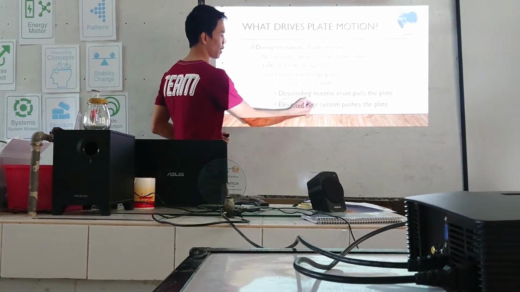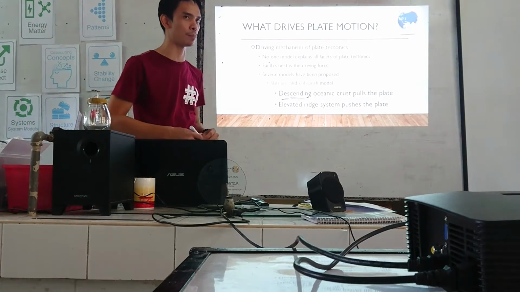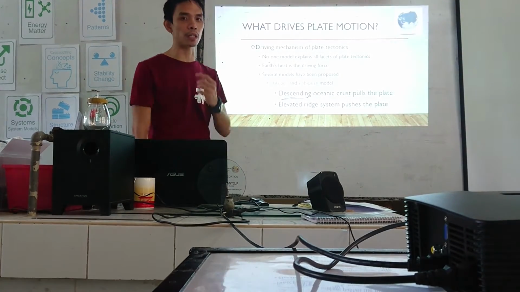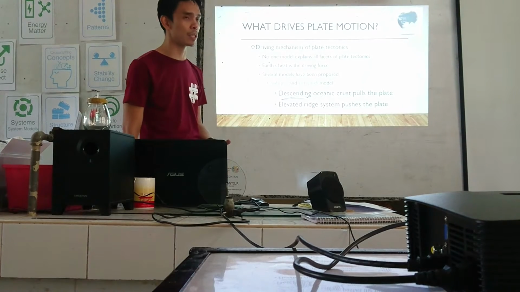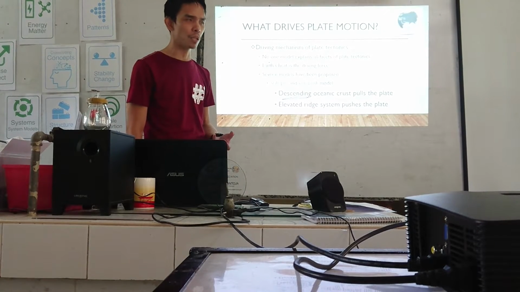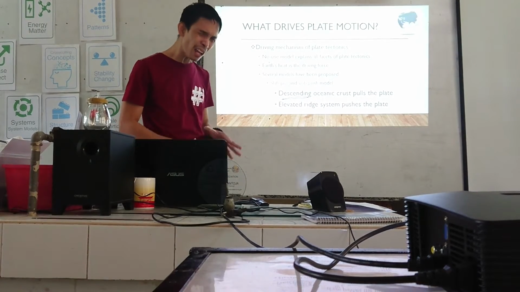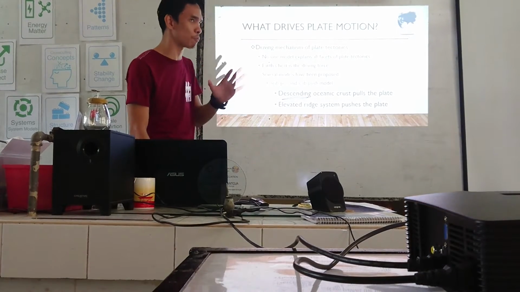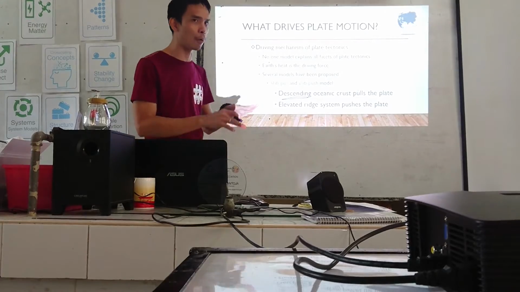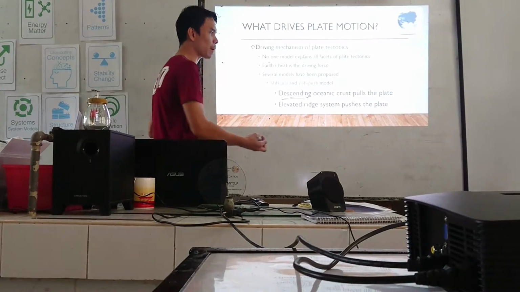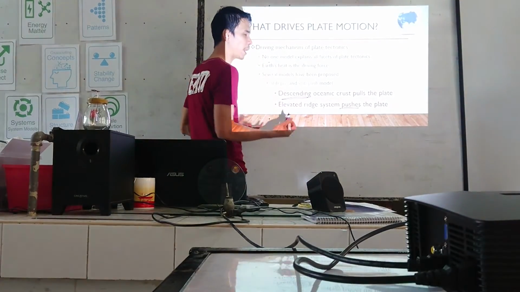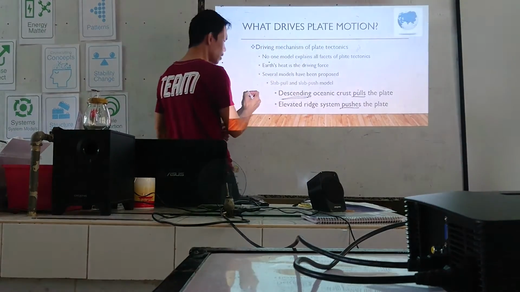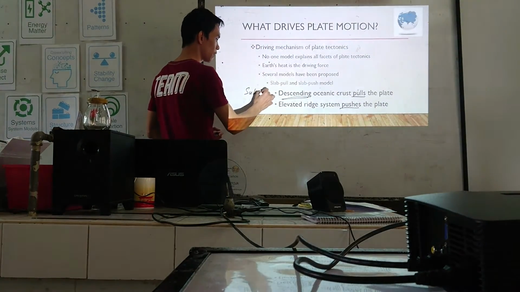Next, the ridge system, which is located at the divergent boundaries, are places that push the plates away from each other. So when there's something that pushes, there is a place where a plate is pulled downward. So we have here the subduction zone.